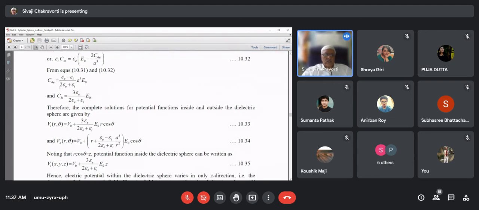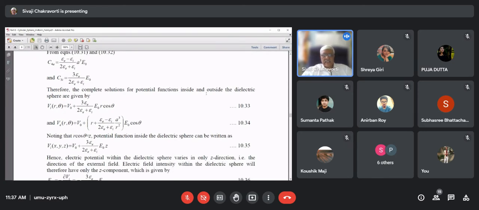Now, looking at the configuration, you can see that r cos theta is nothing but the z coordinate.